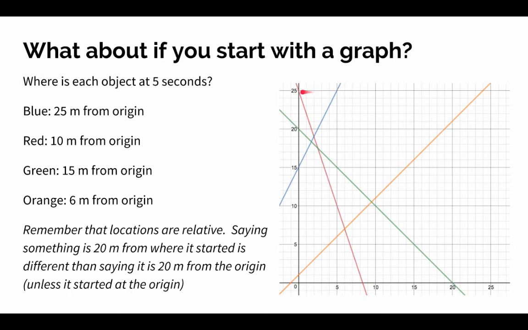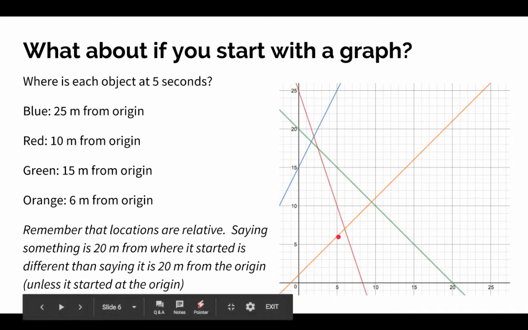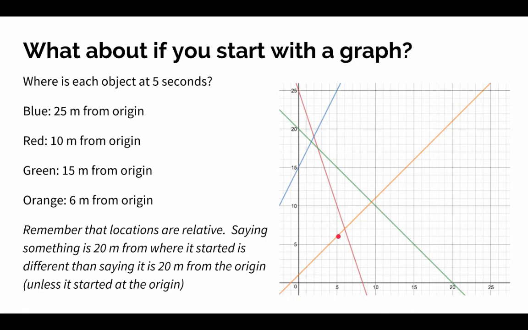Red starts at 25 meters from the origin, but at 5 seconds, he is 10 meters from the origin. Green, likewise, is 15 meters from the origin, and orange is 6 meters from the origin.